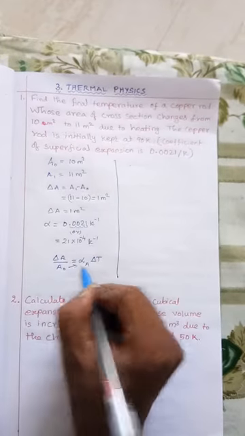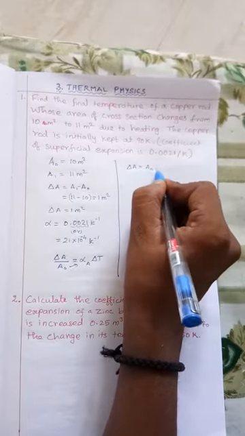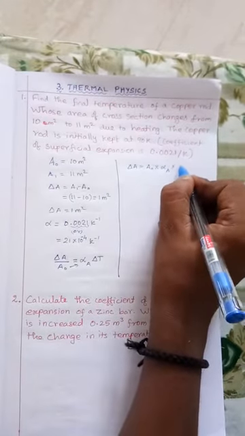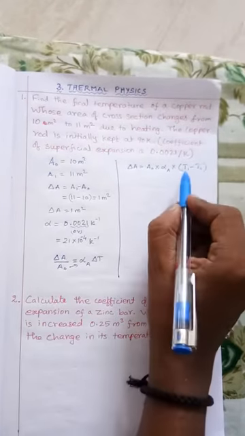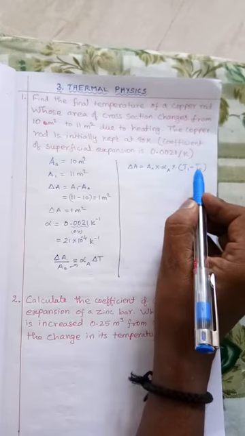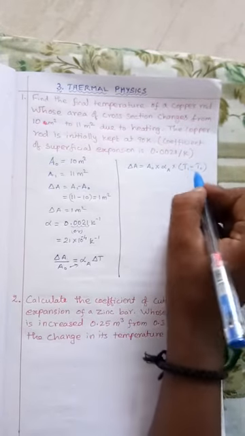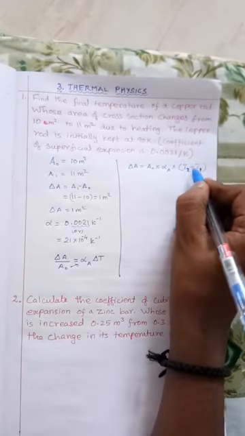Cross multiply A naught: delta A is equal to A naught into alpha A into the change in temperature, T1 minus T0, that is final temperature minus initial temperature. Or we can write T2 minus T1 also. Both are correct: T2 final minus initial.